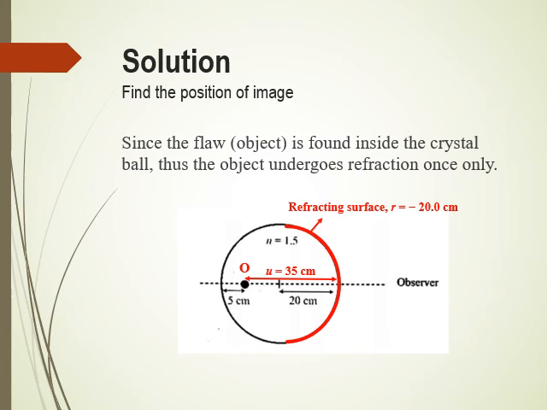In this case, N equal to 1.5 would be our N1. The surface closest to the observer would be our N2. Now that we have everything we need, let us proceed to the calculations.